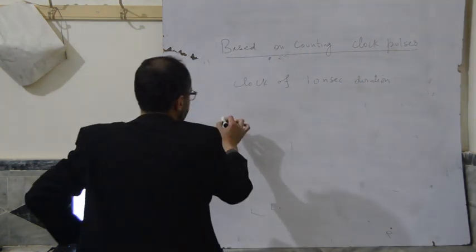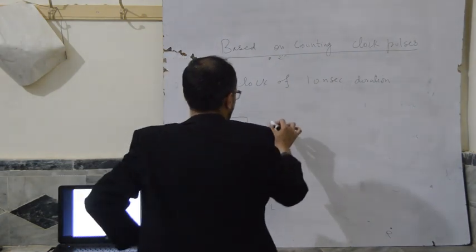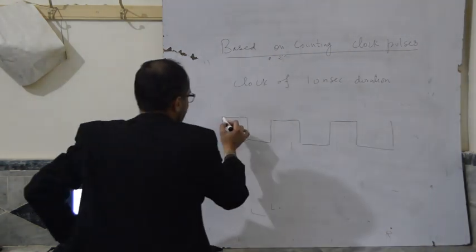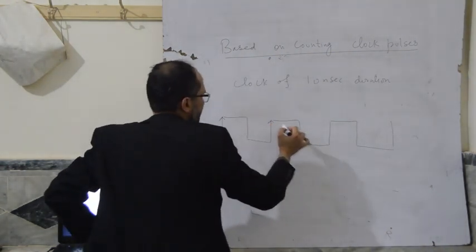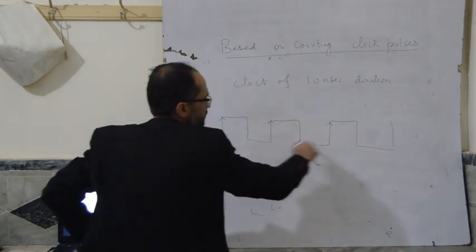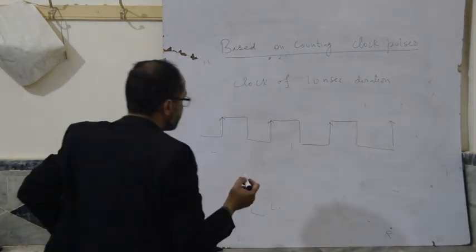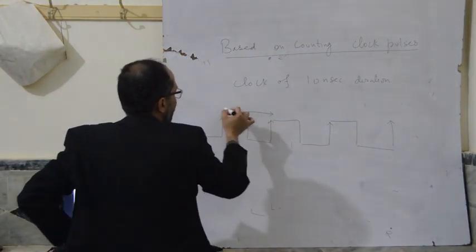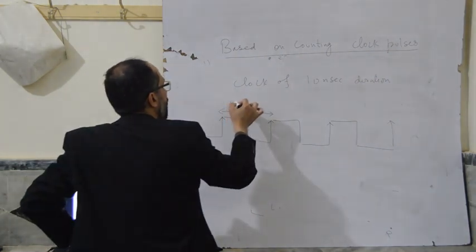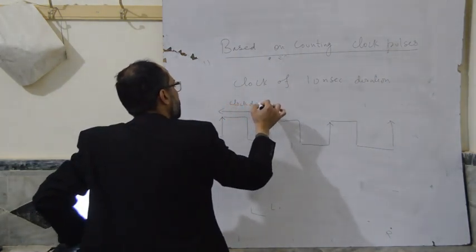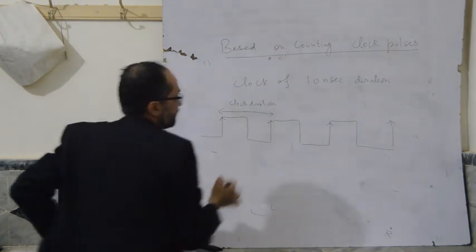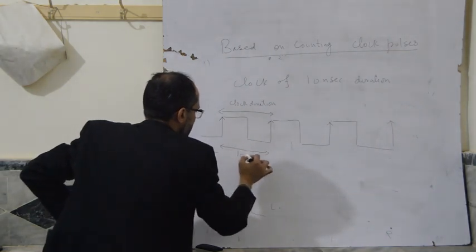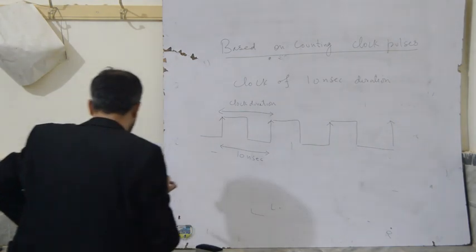The clock will look like this. This is the rising edge of the clock, and again the rising edge, and the rising edge; this is the falling edge, and this is the rising edge. It means that the interval from one rising edge to another rising edge is referred to as the clock duration, and let's assume that this clock duration is 10 nanosecond.